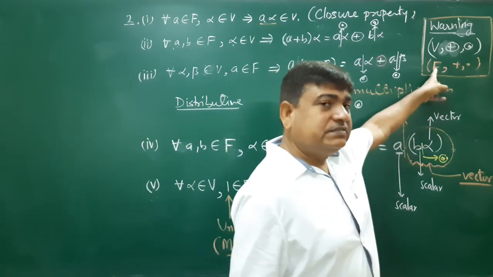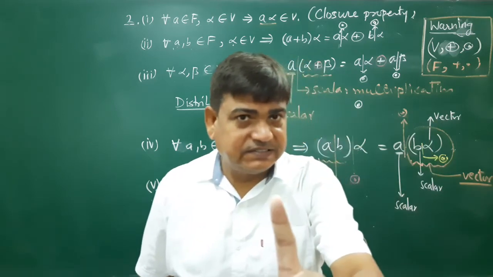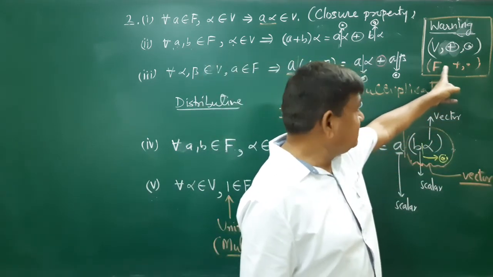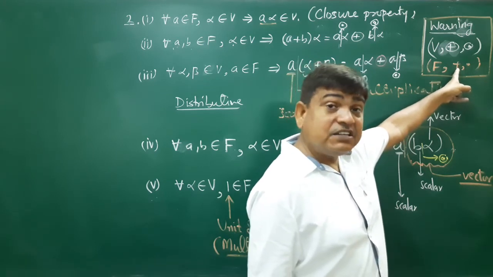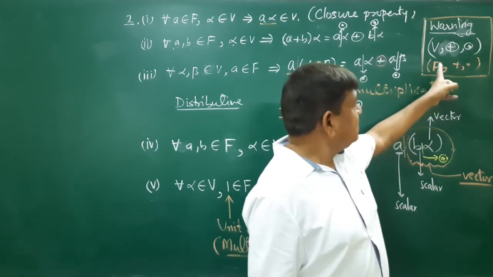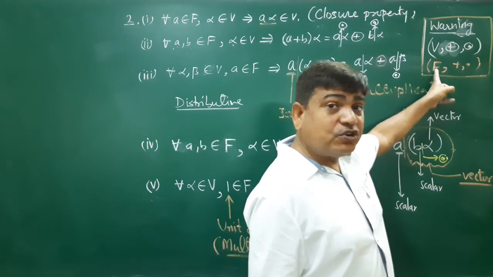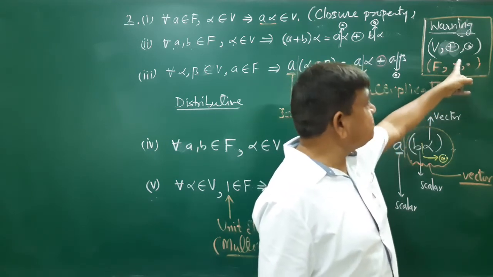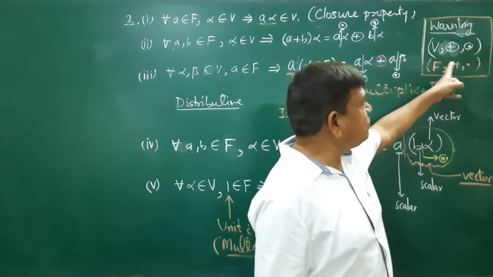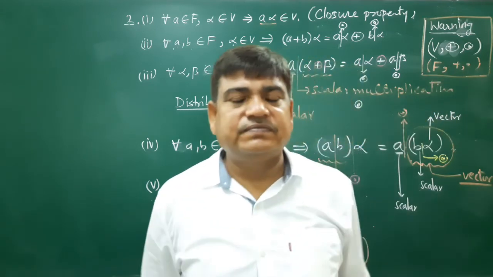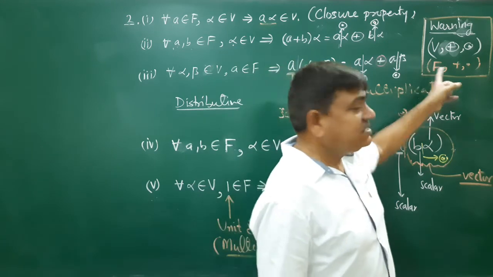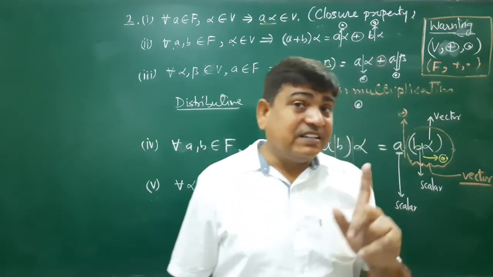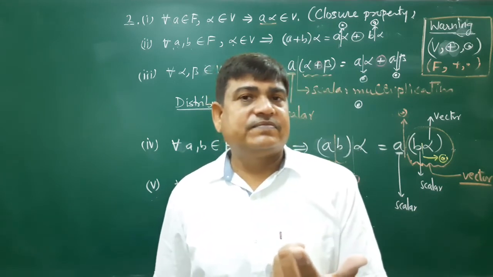What is F? Field. This is commutative with respect to this, an abelian group. This is also a commutative group with respect to this. It means abelian group with respect to addition and abelian group with respect to multiplication. So this has two identities. One is the additive identity, the other is the multiplicative identity.